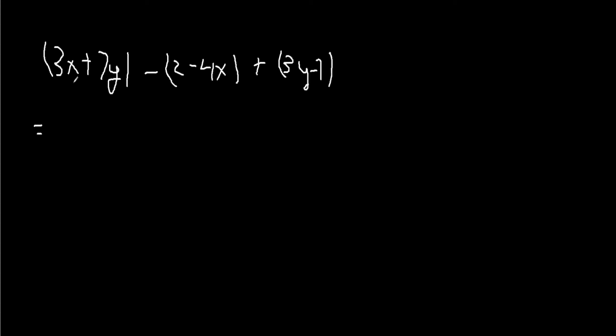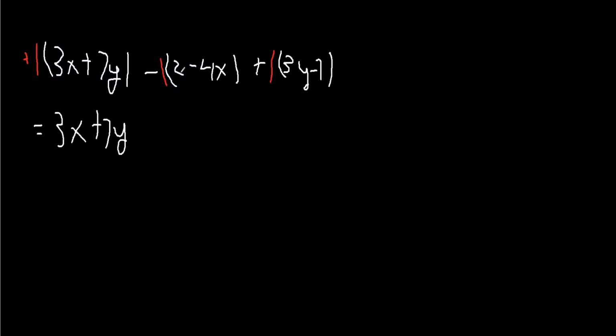So if we look at our number outside each bracket, we have 1 here, it's just positive 1. And here it's negative 1, which is indicated by this negative sign. And here it's positive 1. So you have to multiply this number by whatever is in our brackets. So here it's positive 1, so that gives us 3x plus 7y.